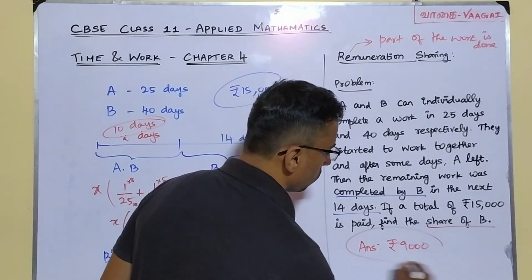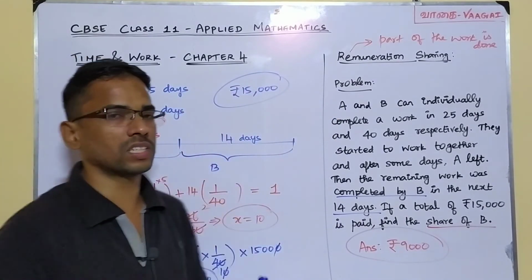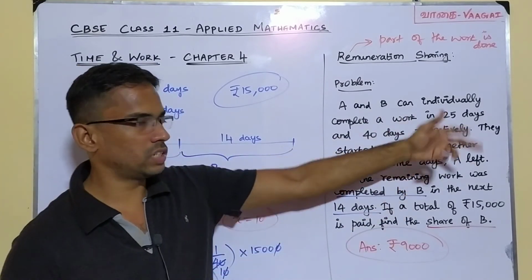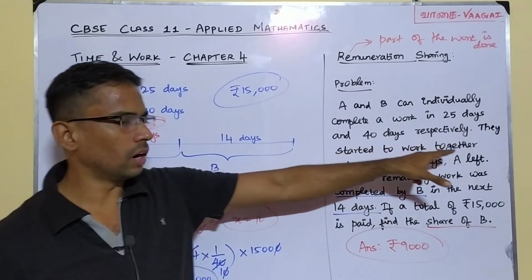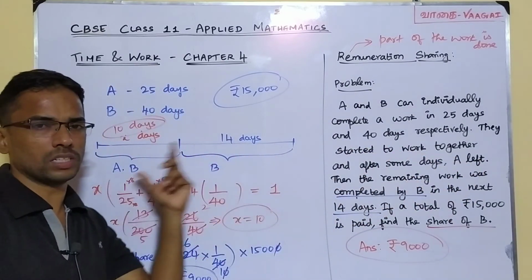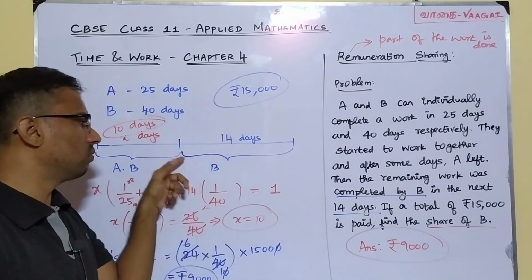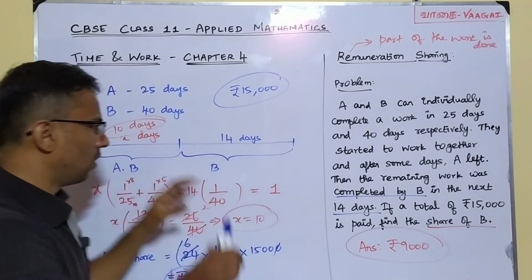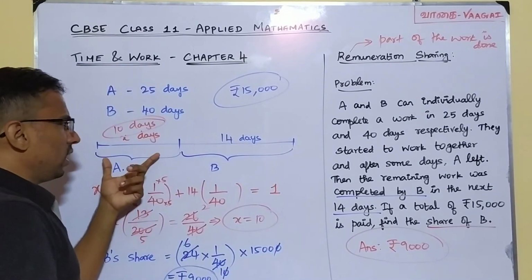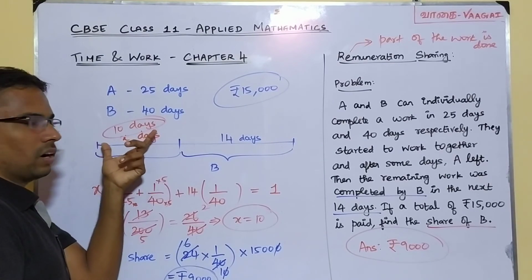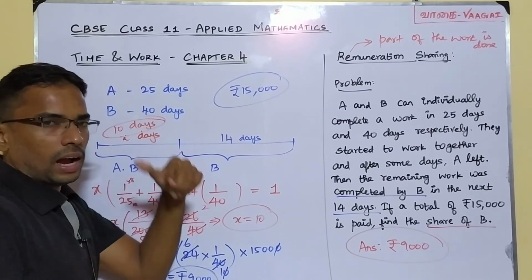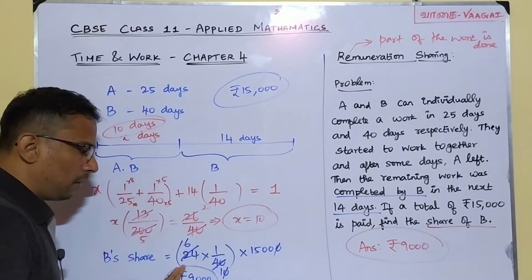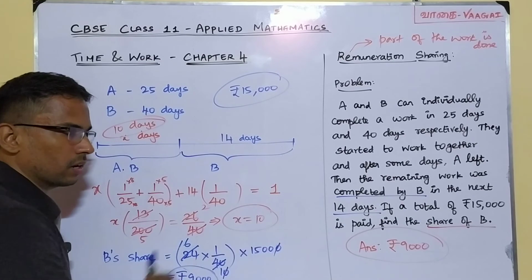It's a very good question for you to understand remuneration, and at the same time it is a bit twisty. You have two parts in which the work is done, right? In the initial part, both of them are working, and in the other part, only one person is working. So we are finding how many days they have worked in the beginning part. And next, in order to find the share of B, we find what part of the work is done by that individual person, B here in this question.